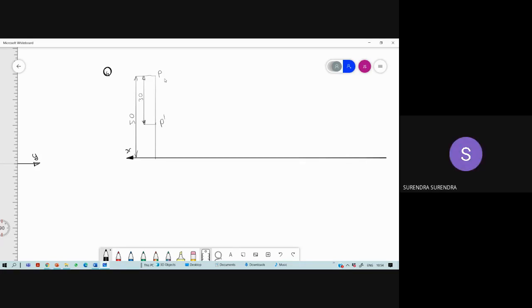Above HP, behind VP. Just for clarity, above HP, behind VP, it is in the second quadrant. So point P is in the second quadrant. So write a statement below within the guidelines neatly: second quadrant.